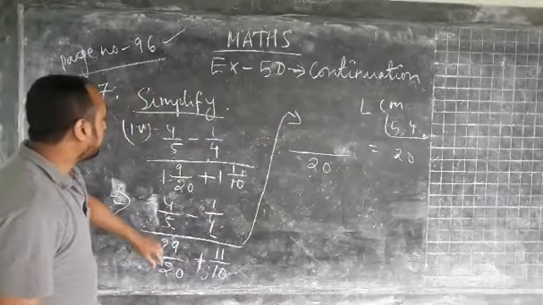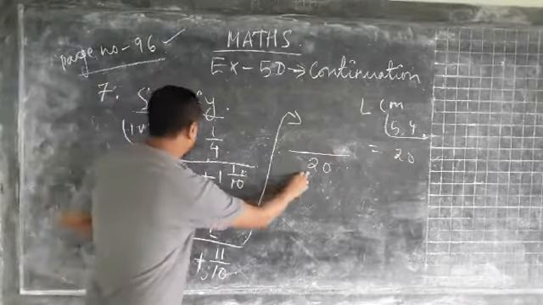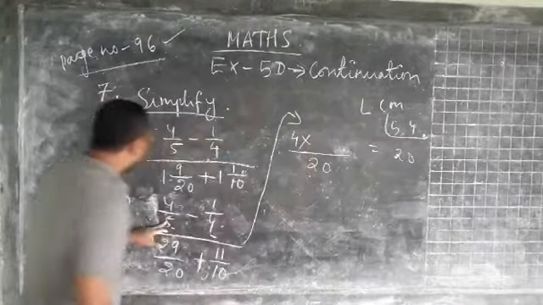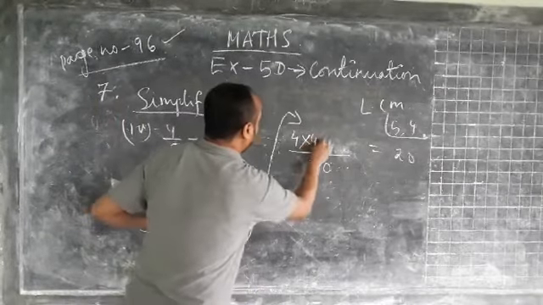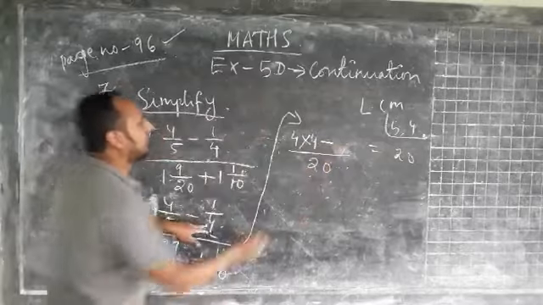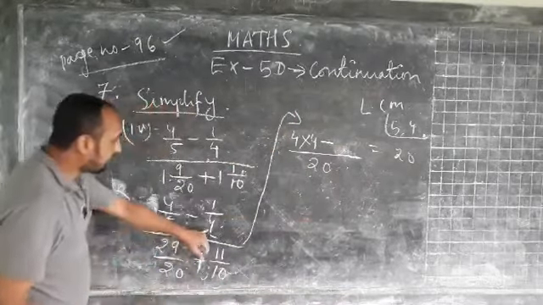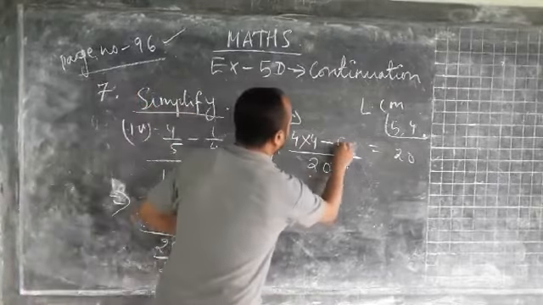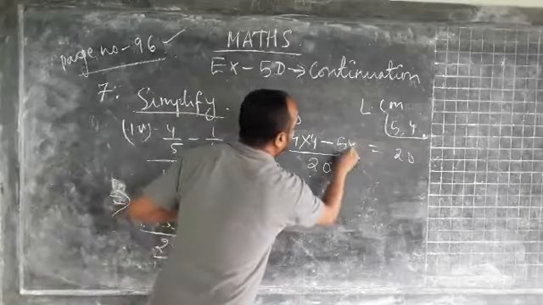Now if you divide this 20 by 5, 5 4s are 20, 4, and whatever the value we have in the numerator, we have to keep it as it is. So 4 into 4 minus, if you divide this 20 by 4, it will go 5 times. So 5 into whatever we have in the numerator, we have to write it.